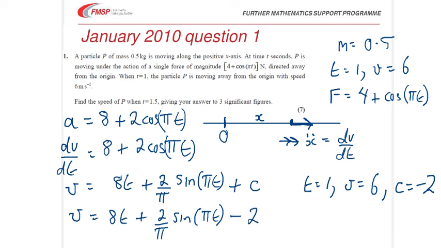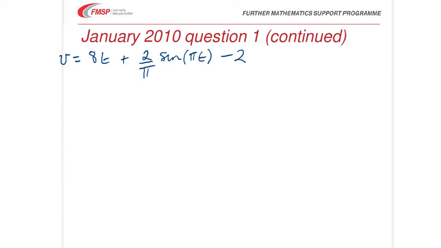Okay, all we've got to do now is find the speed when t is 1.5. So on the next page, I think I've written down the v again. There it is. t equals 1.5 then. And again, you might like to try this yourself.